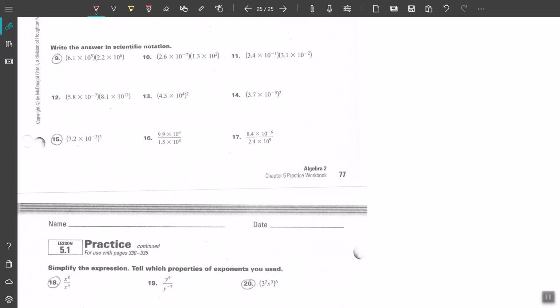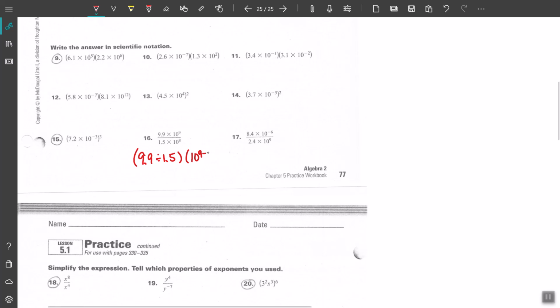But anyway, we need to look at it because it is a division problem, and so it works the same way as the number 9, the multiplication problem, except instead of multiplying, you're going to divide those numbers out. So you're going to take the decimal portion part and divide, and then you're going to take the exponent part and you're going to apply the rule for dividing exponents, which is rewrite the base.